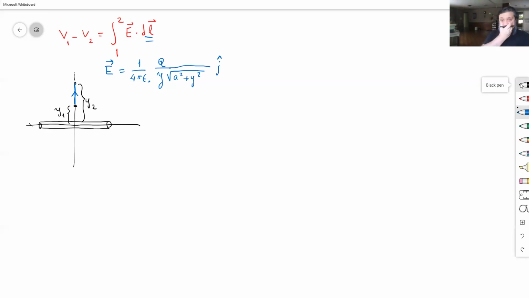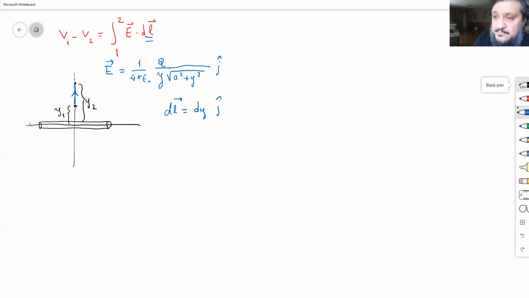So this will go to the integral. dl is nothing but dy times j hat, and j hat dot j hat is just 1.